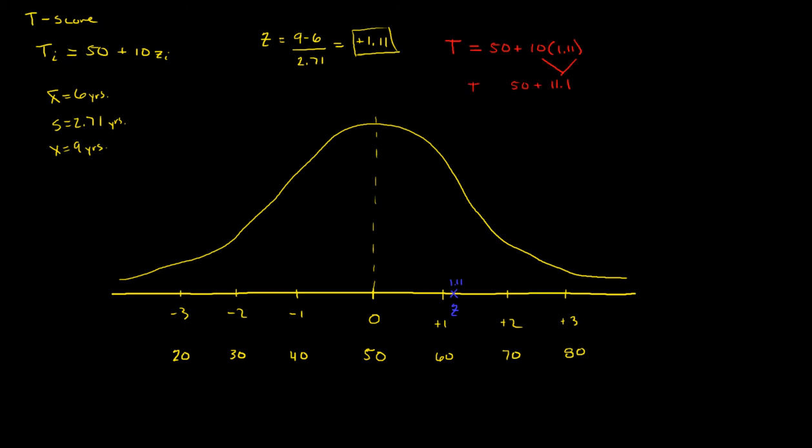So T equals 50 plus 11.1, which will equal 61.1. So my equivalent T-score would be positive 61.1. And you can see how that would line up right here with my z-score of 1.11.